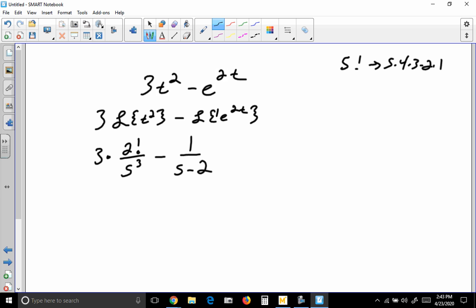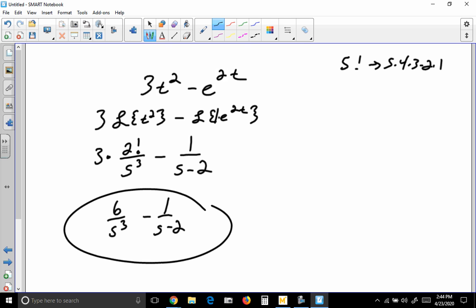You could think about this as 1 times that. The transformation of 1 is 1 over s. So just this part shifts it over 2 units. So 2 factorial, 2 times 1 is 2. So we end up with 6 over s cubed minus 1 over s minus 2. So that's our Laplace transformation of that particular function.